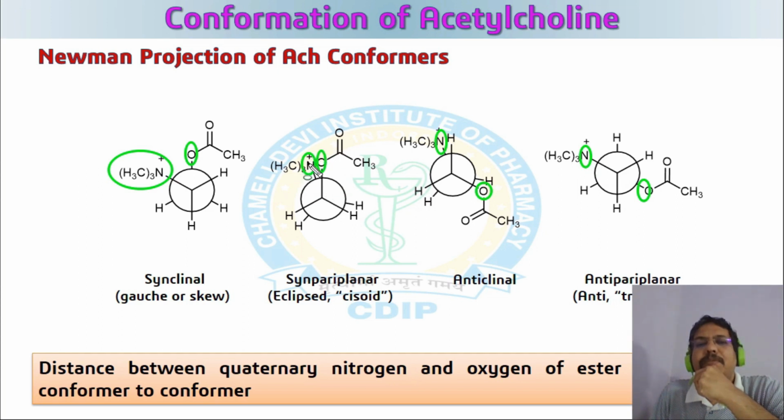So this eclipsed form is also known as cisoid, while anti is called transoid.